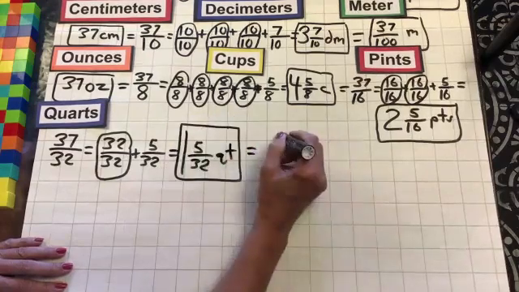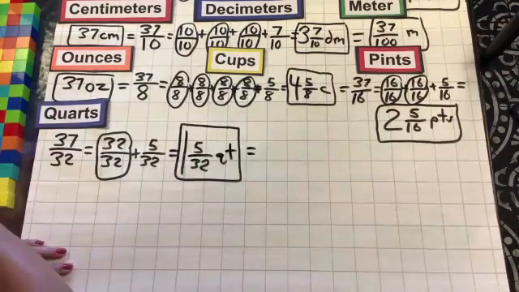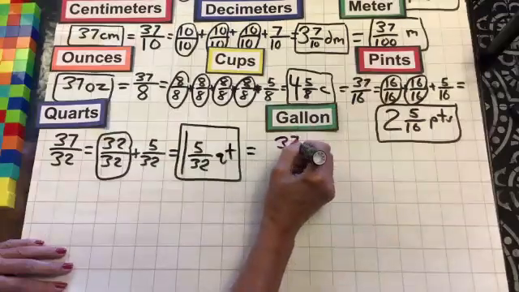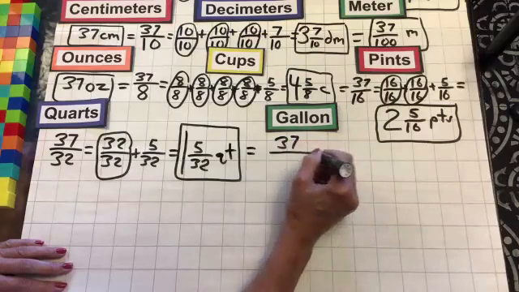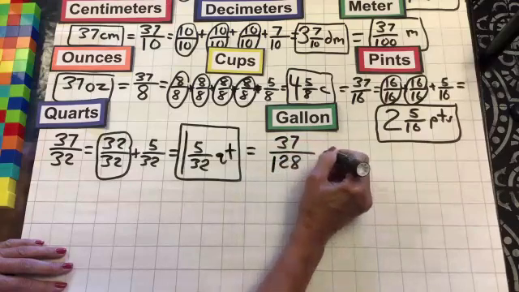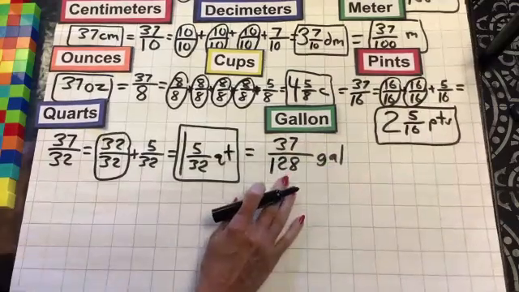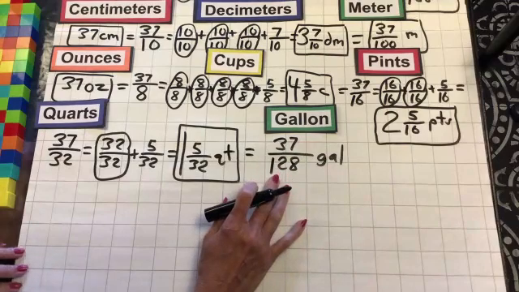And when we go into our gallons, we have 37 out of 128. So we don't have a whole gallon yet. And if we're just going to 100 days in the daily number workout, we're not going to get to a whole gallon.